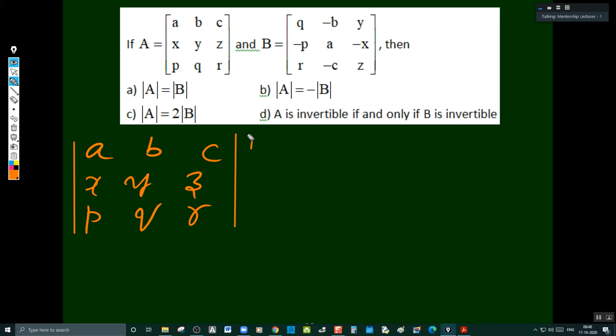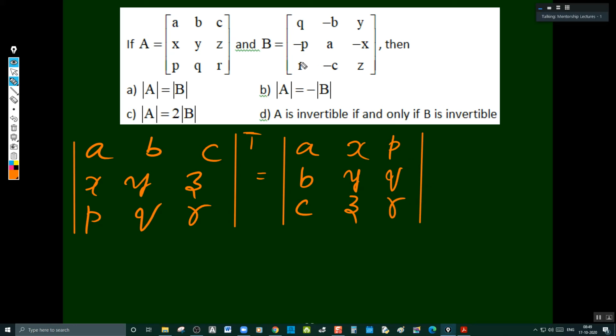Because for the transpose of any determinant, det of A transpose is equal to det A. You don't find any difference even if you find out the transpose. So what is the transpose of it? ABC, XYZ, PQR.